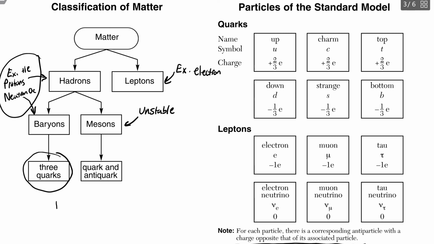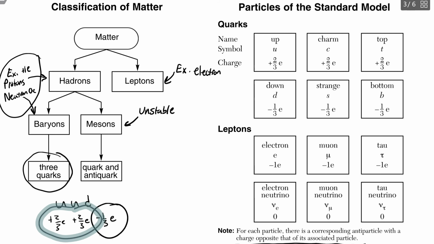I think they said it was an up and a down, right? We already did that. So positive 2/3 e, positive 2/3 e, and negative 1/3 e. This is 4/3 minus 1/3, which is positive 3/3, which is equal to positive 1e.